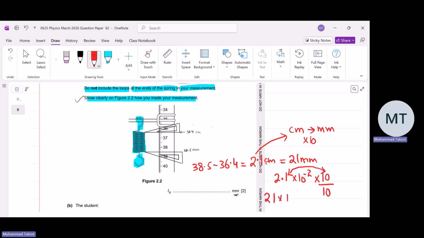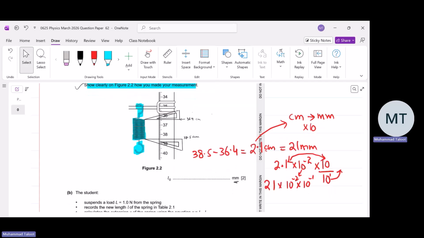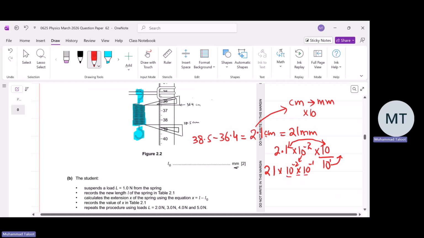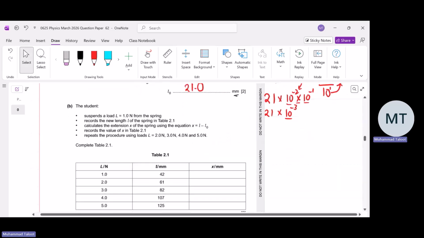The 10 power minus 2 is divided by 10, and when it goes to the numerator it becomes 10 power minus 1. According to indices, when there is multiplication and the base is the same, you add the powers. So it becomes 21 times 10 raised to power minus 3, which is millimeter. This comes out by practice, so I suggest my students do as much as possible. This is a very technical thing, why we say multiply with 10, 100 and 1000. Anyhow, moving to part B.